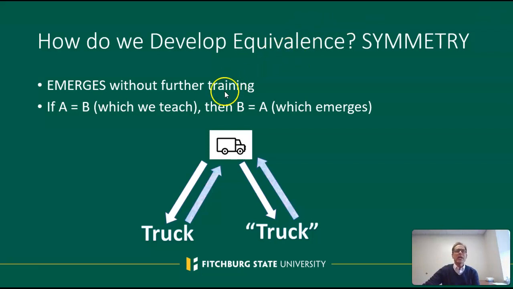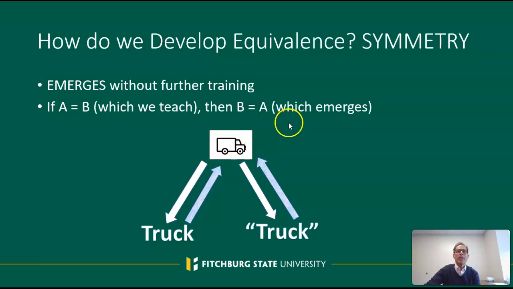So if our sample stimulus is a truck, and we directly teach matching that picture of a truck to the written word truck, if we then show the learner the written word truck, and they're able to match it to the picture of the truck without further training, we've got symmetry. We've taught them A, the truck, equals B, the written word truck, and what emerges is the written word truck, B, equals the picture of the truck, A.